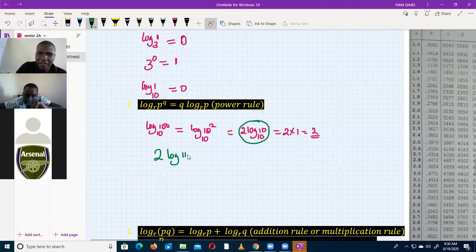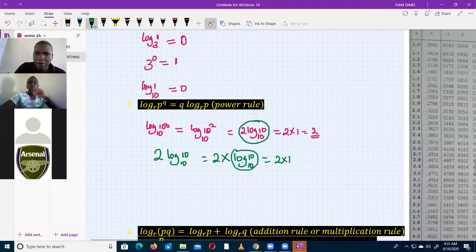This is the same as 2 times log of 10 base 10. What's log of 10 base 10? It's 1, isn't it? So that will be the same as 2 times 1. You get it? Because all of this is 1. Is that understood now? Yes, teacher. Thank you. Welcome. So that's what we have. I was giving you another example.